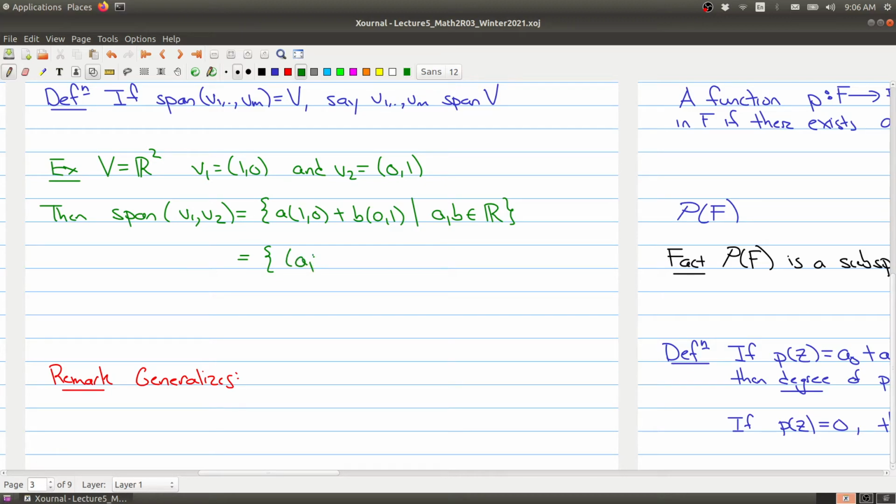So this is the same thing as all vectors of the form (a, b), where a and b are allowed to run through R, but this is just R2.